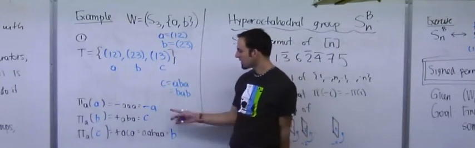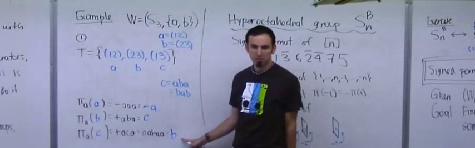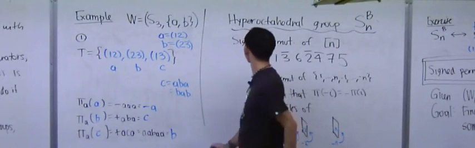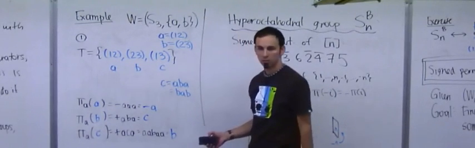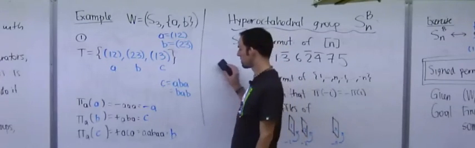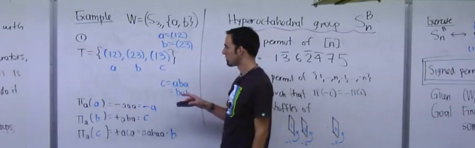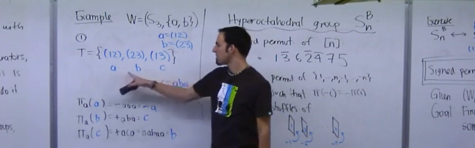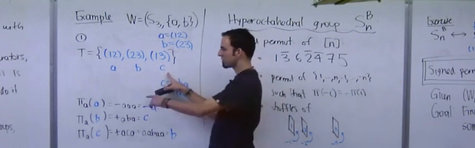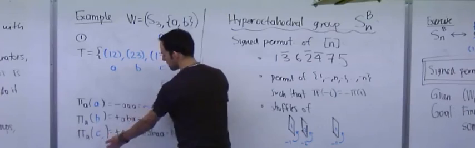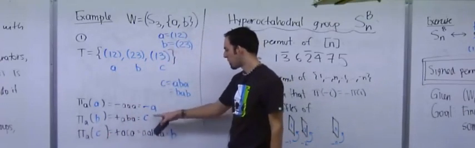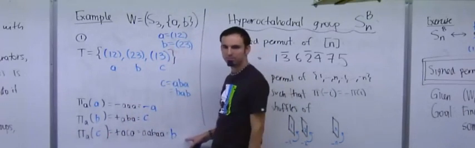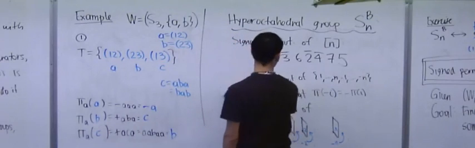And so you see we actually did get a signed permutation of A, B, and C. T is A, B, C. And a signed permutation is just a way of assigning to each one of these guys, I mean, a permutation of A, B, and C that comes with signs. That's what I did.